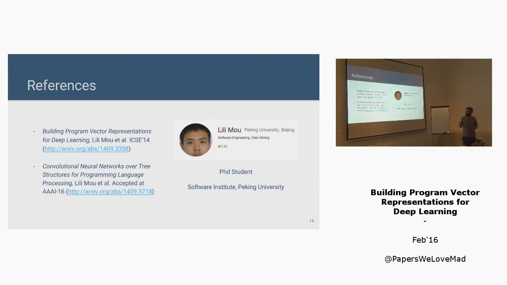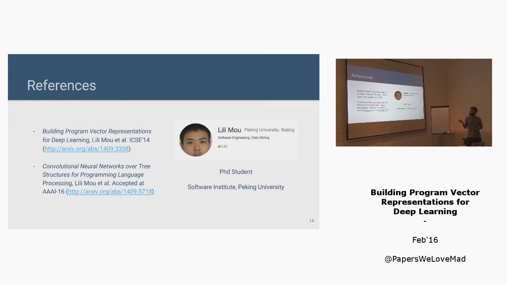To put a bit of context, essentially, we are going to discuss this paper. It's Building Program Vector Representations for Deep Learning. It covers only building the vector representations, not what to do with those representations. That's covered in this other paper.